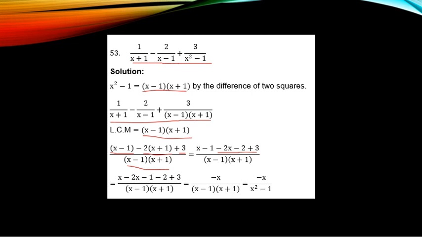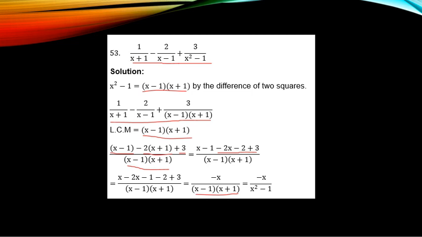Okay, if you bring like terms together first, you have s minus 2s, then minus 1 minus 2 plus 3. So when you add, s minus 2s is minus s, minus 1 minus 2 is minus 3, plus 3 is 0. So you have minus s all over s minus 1, then s plus 1.